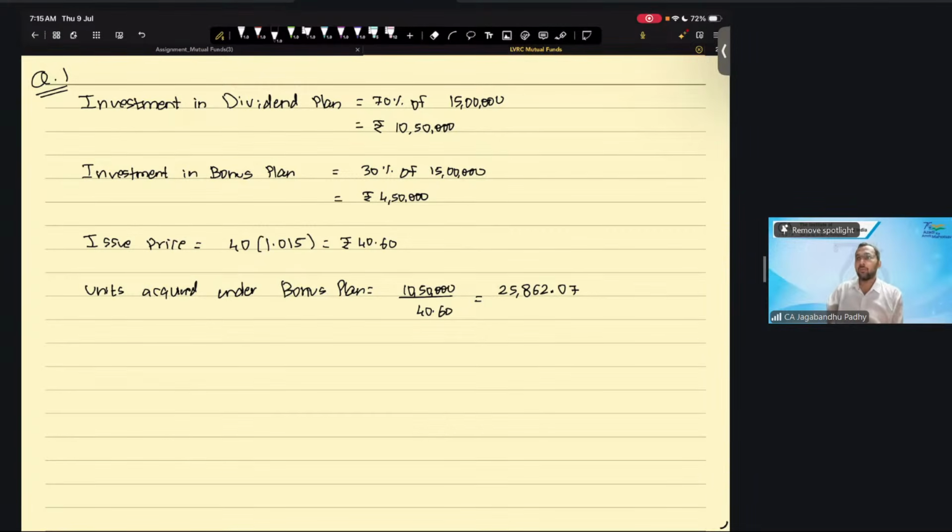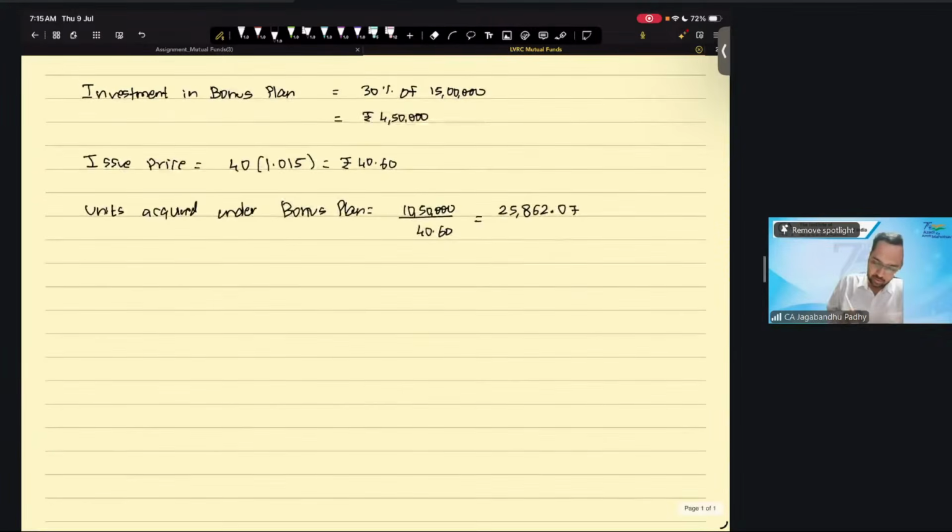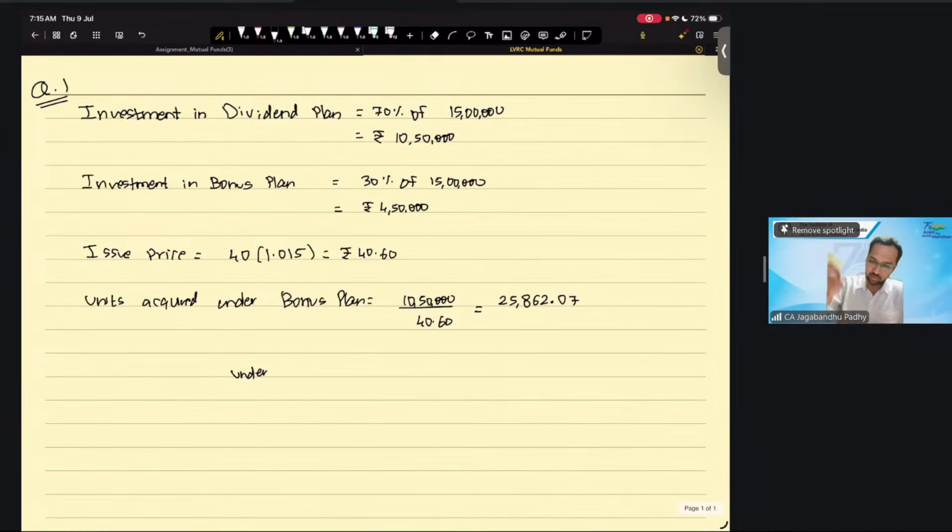Then what will be the units acquired under the... sorry, this was under the dividend plan. Now, of course, we want to know the units that we are acquiring under the bonus plan.